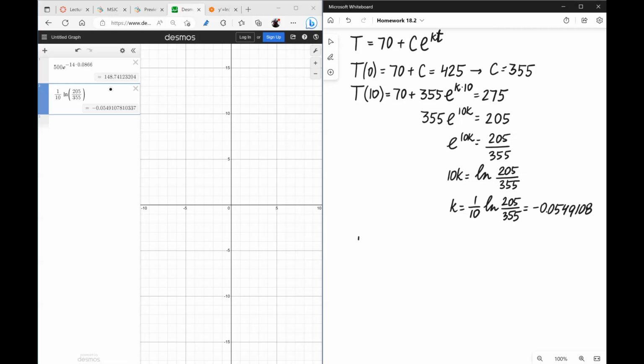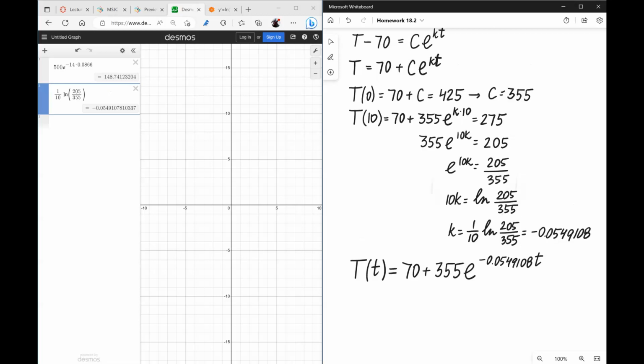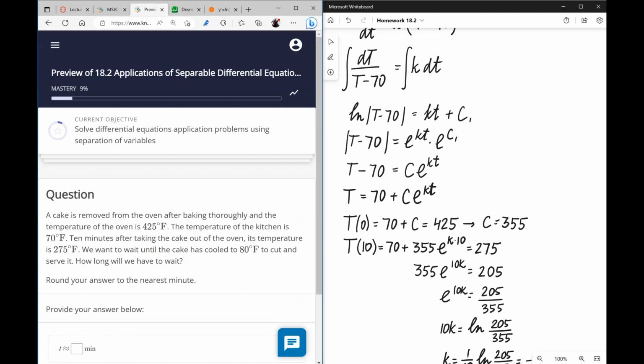So we have T, the temperature, as a function of lowercase t, the time, is equal to 70 plus 355 e to the power kt, but k is equal to negative 0.0549108 t. And the question, what was the question asking?